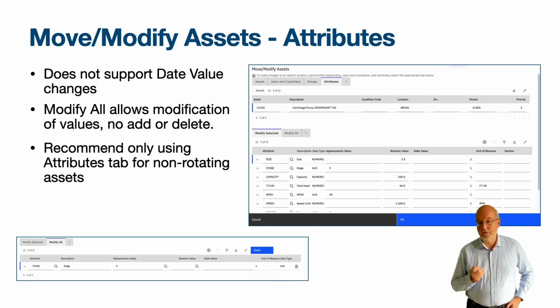When you use the Attributes tab on the Move Modify dialog, you are setting values for the asset, but you are not overriding them. They can still be updated from changes on the item master application. If you have made the change from the Specifications tab, a hidden field called Item Specification Value Changed would have been set, and it would no longer be updated from changes made to the rotating item.